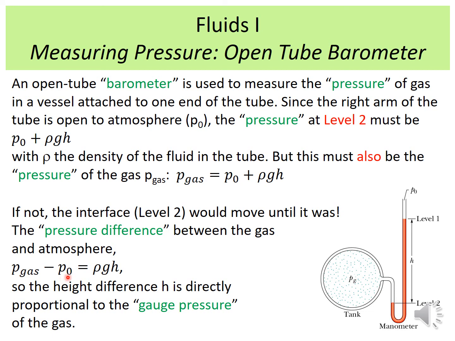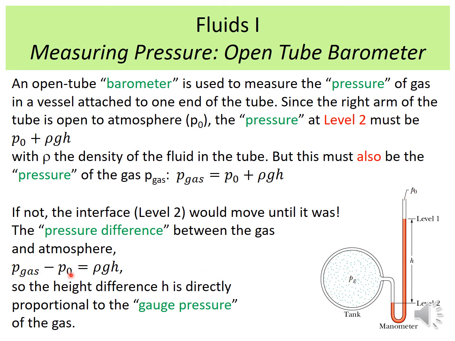P gas minus P0 gives us rho times G times H, and we know the density of this liquid. We know G, and we can measure H, and when we do this, we get a gauge pressure. We get the pressure of the gas with respect to our atmospheric pressure, and this is what this part of the equation tells us.